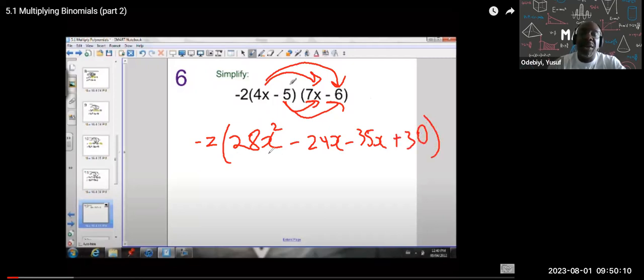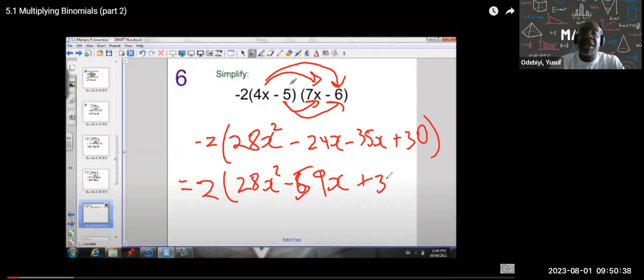So then you just simplify that, and then basically the 2 multiplies what's inside there. So 2 bracket, and then I have 28x squared, and I have 59x, and then plus 30. If I have the 2 multiply each one, then I'm going to have a bigger number for each coefficient.